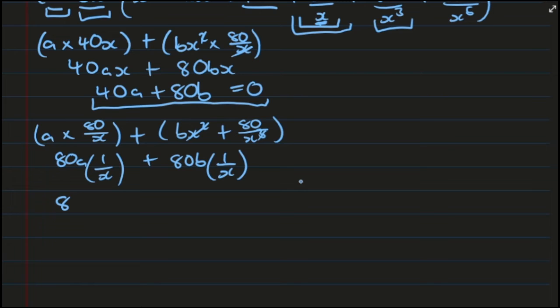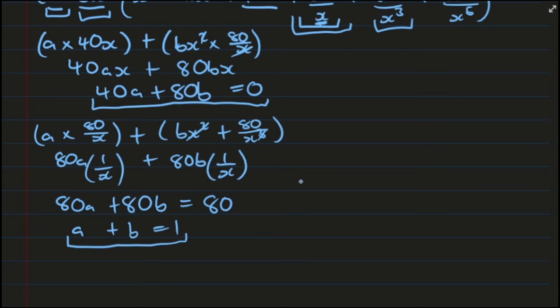So you end up with 80a plus 80b is equal to 80. If we divide through by 80, you end up with a plus b is equal to 1. So now we have two equations in terms of a and b, and we can solve these two equations simultaneously to get the values of a and b. So let's do that.